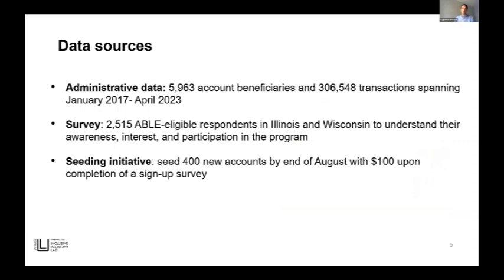We complement that with data from 2 different surveys. One is a survey that we co-designed with the Treasurer's Office that was implemented last year on 2,515 ABLE eligible respondents in Illinois and Wisconsin. And then the other survey that is part of the seeding pilot that we have implemented, where we ask individuals who receive the seeding money, as I'll explain in a second, to also answer a few questions.